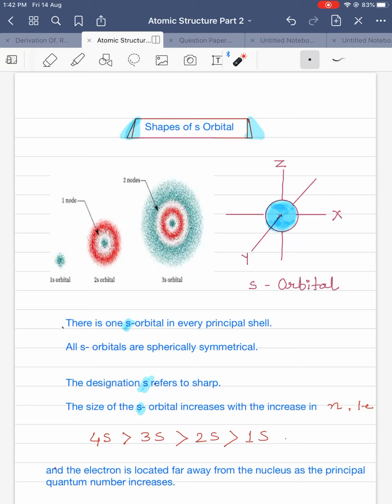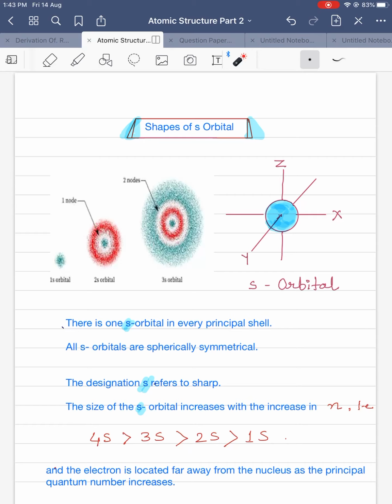All s orbitals are spherically symmetrical. That is, an electron that occupies an s orbital can be found with the same probability at any orientation at a given distance. The value of wave function of s orbital at any point around the nucleus depends only on its distance r from it and not on its angular position.